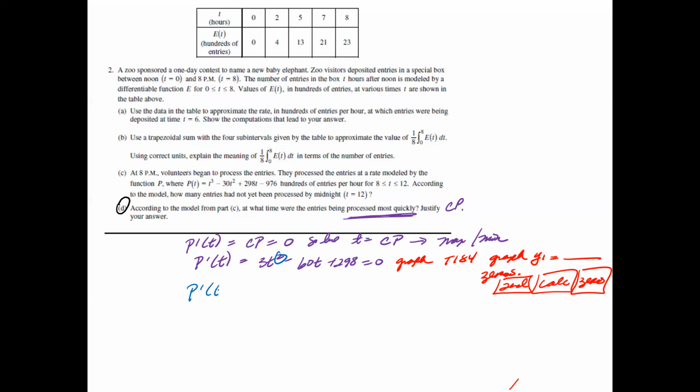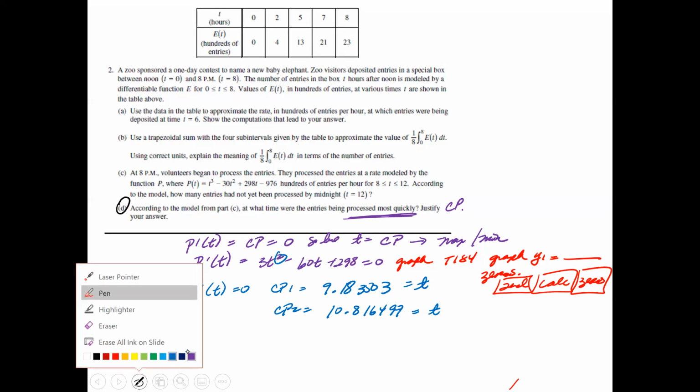And so when you do that, you're going to find your critical point 1 is going to equal 9.18303, which is a time when there is a max or min because the slope is 0. Your critical point 2 is going to be at 10.816497.